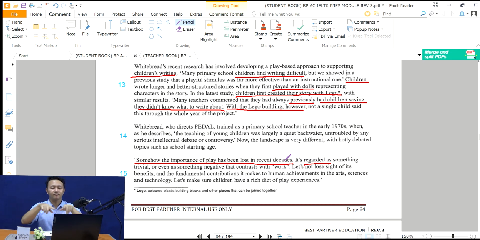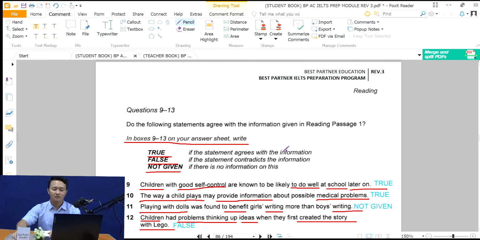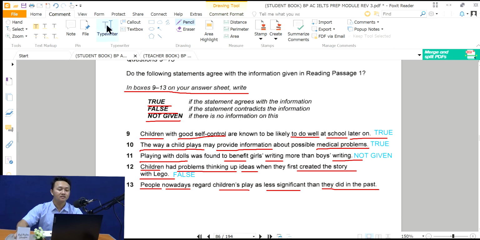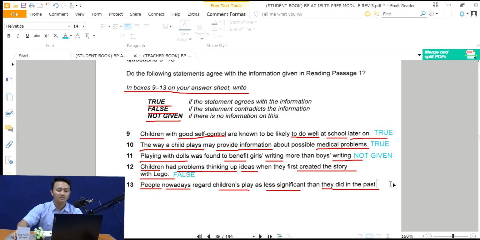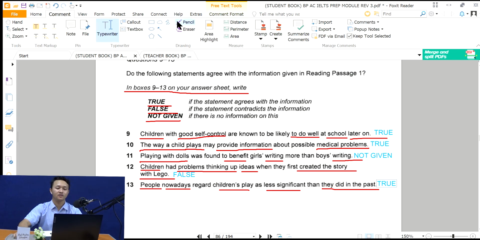But the problem is, the information in the text says that the past is better, now is not. So it's less significant. Okay, so the answer to number 13 is true, not false.